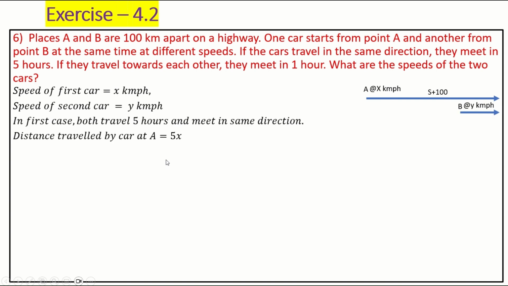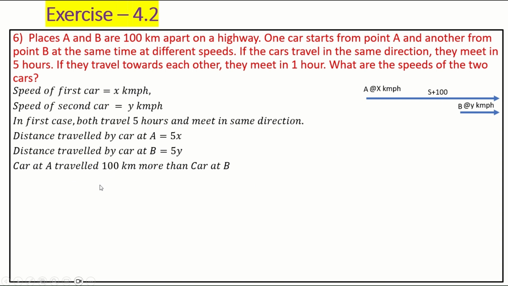Distance traveled by car A equals 5x because they traveled for 5 hours. Distance traveled by car B is 5y. Now if you subtract, you get a difference of 100 kilometers. A has traveled 100 kilometers extra, so 5x minus 5y equal to 100. This is your E1.